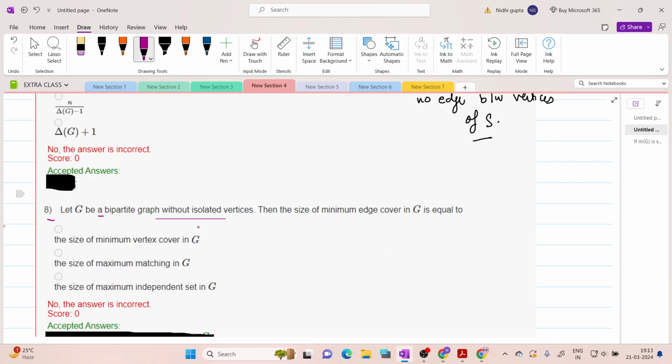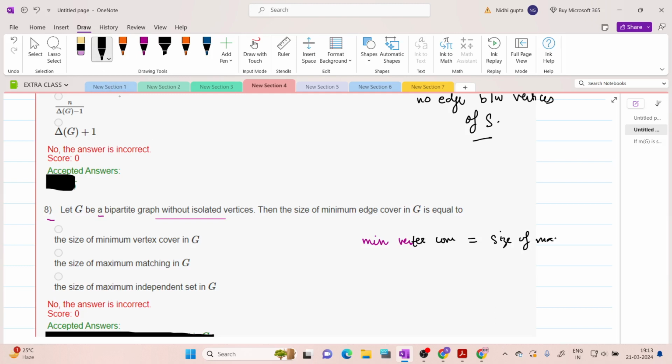Sorry, the size of the minimum vertex cover is equal to the size of the maximum matching.